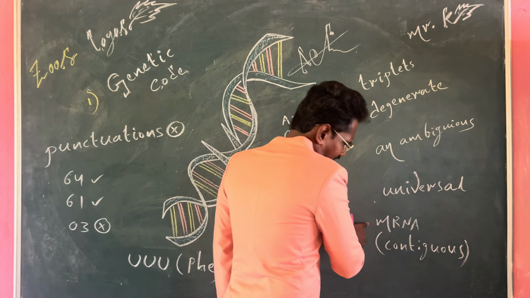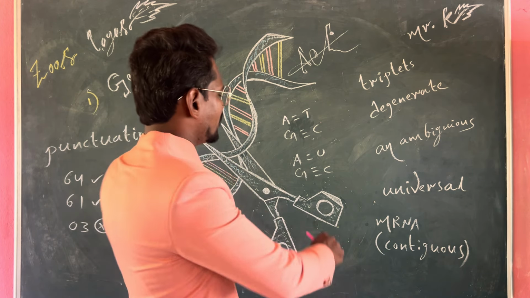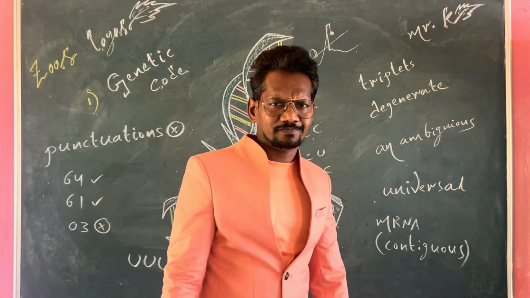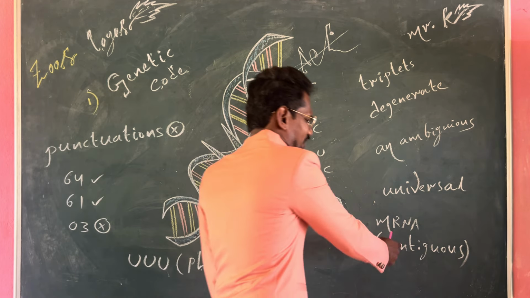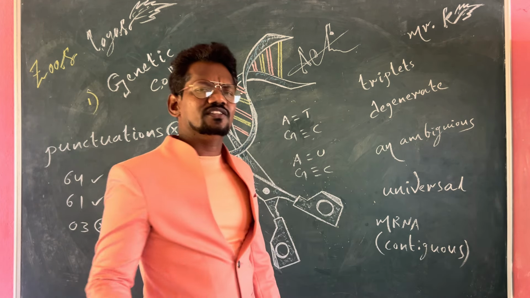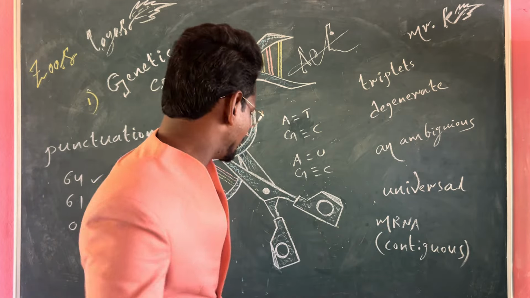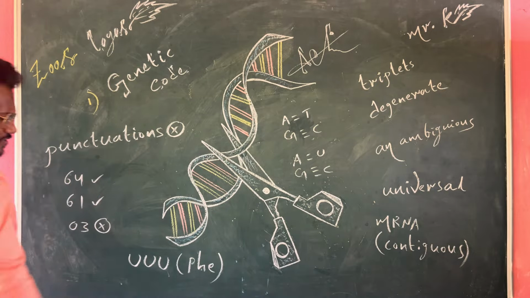Then this genetic code is always read in the fashion of mRNA, that is known as a contiguous fashion. Always in this mRNA contiguous fashion, the genetic code will be read in an organism. Then coming to punctuations.